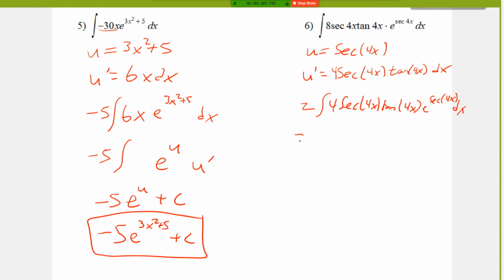Okay, so that's 2 times the integral of e to the u prime, if we substitute. What will happen if I integrate? U prime times e to the power.